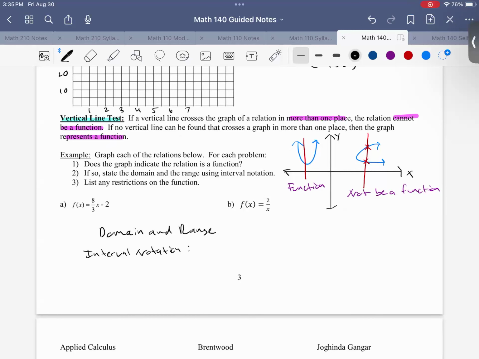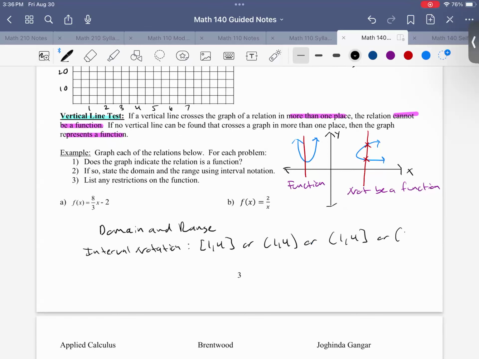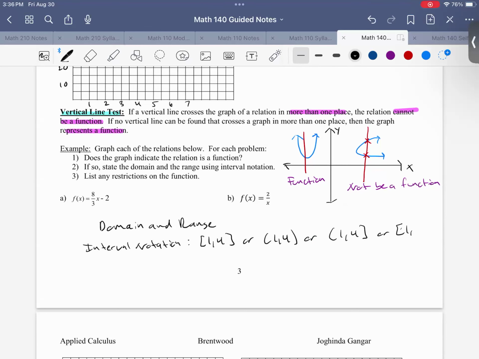Your interval could look like this, 1 to 4 with brackets, or 1 to 4 with parentheses instead of brackets, or it could be mix and match: parentheses 1, bracket 4, or bracket 1 and parentheses 4.